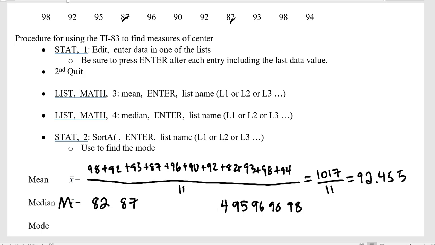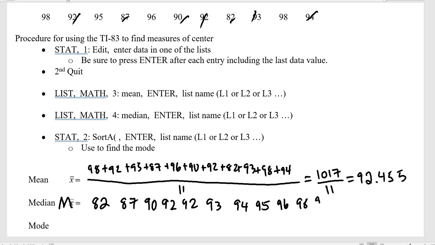Well then, 90, 2 92s, 93, 94, 95, and 96, and 2 98s. Double check. 1, 2, 3, 4, 5, 6, 7, 8, 9, 10, 11. Okay, feeling good about that, okay?